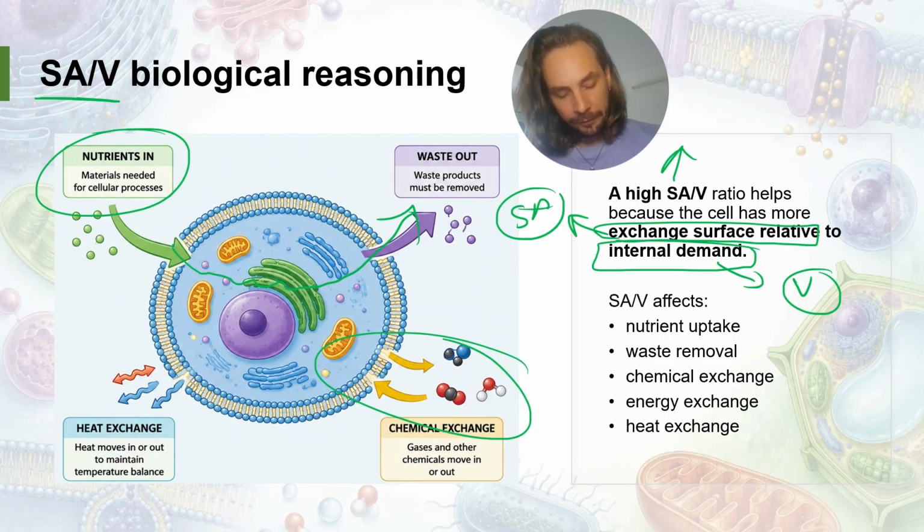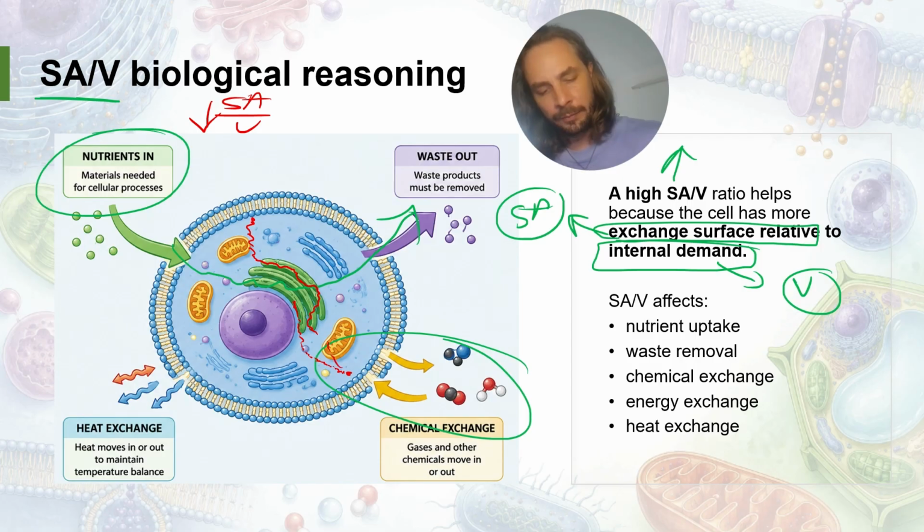Okay, and if a cell is really big, it takes too long for these molecules to travel to where they need to be. So if I have a low surface area to volume ratio, it takes too long for these molecules to travel where they need to be. So that makes it less efficient.